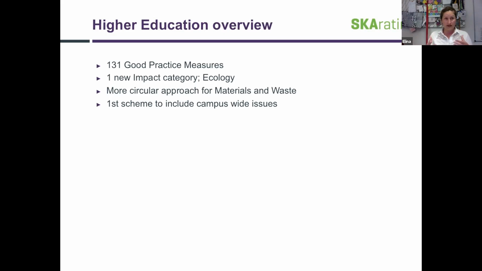So that's something else very specific about the HE scheme. Then the campus-wide issues, as I touched upon, the ecology issue was one of them. You'll also see that in the travel plans and energy sources. Those are just a few examples.